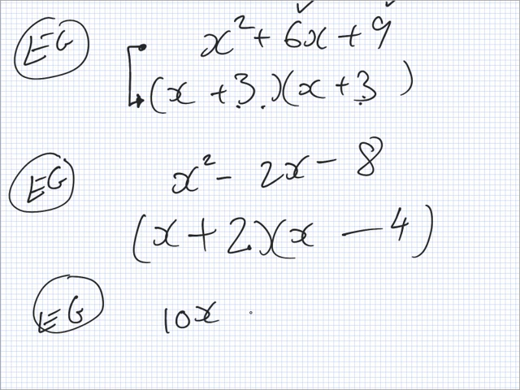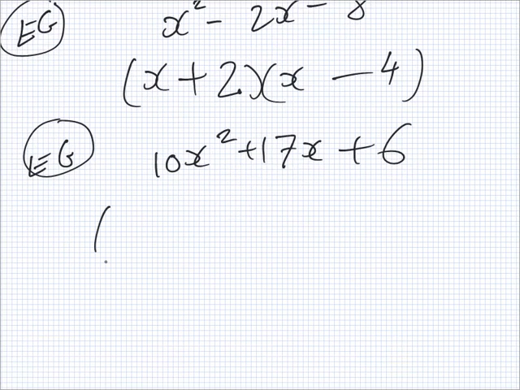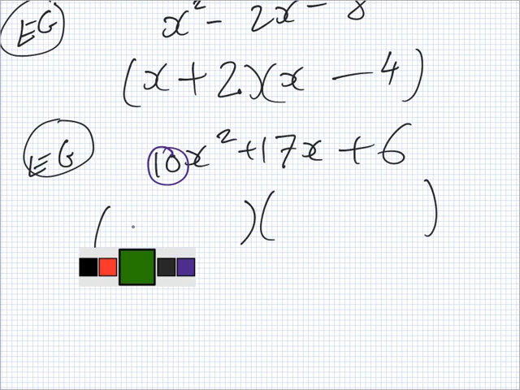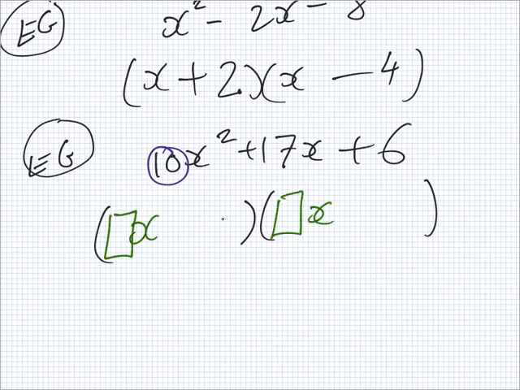Now we get more interesting. This one gets much more interesting because we have the 10 in the front. Now this changes how we have to figure it out, so please watch carefully. When you have a number in the front like here, we have a number here, a number here, a number here, and a number here.